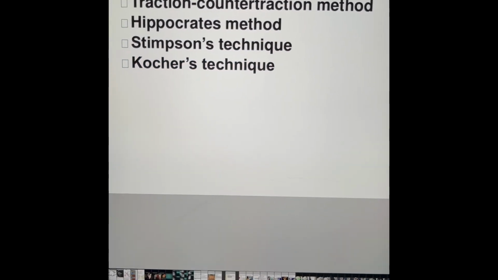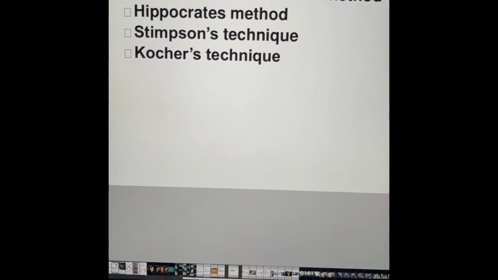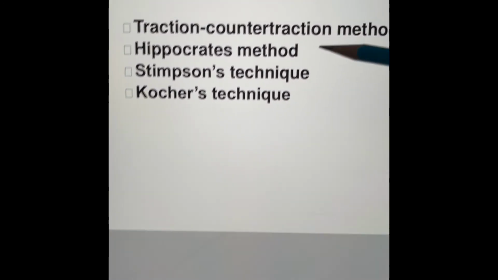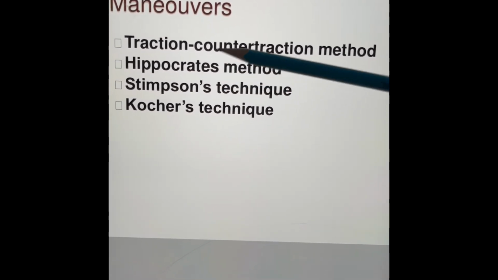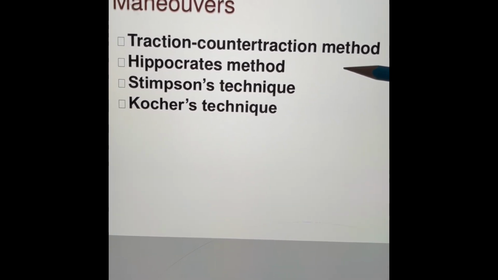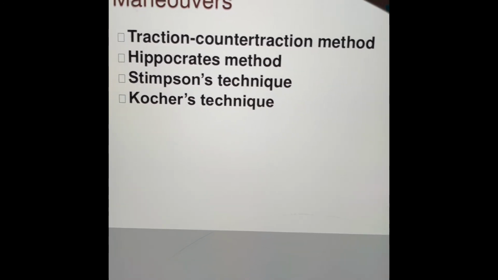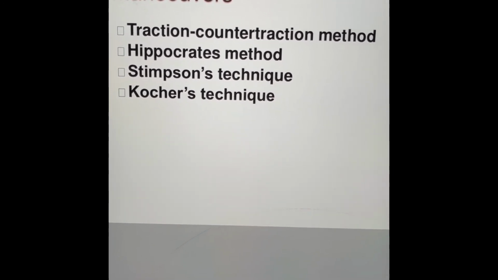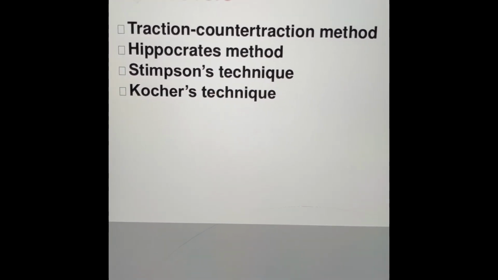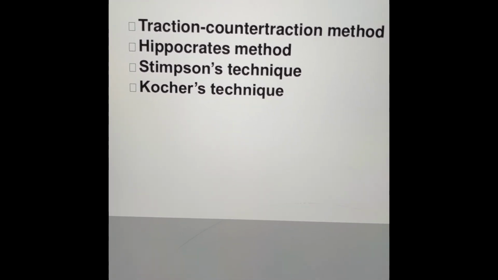When the patient presents to us in an emergency with the dislocation of the shoulder, there are many methods for the reduction of this dislocation. Most of the time we provide some analgesics and some kind of sedation, and we do the reduction.